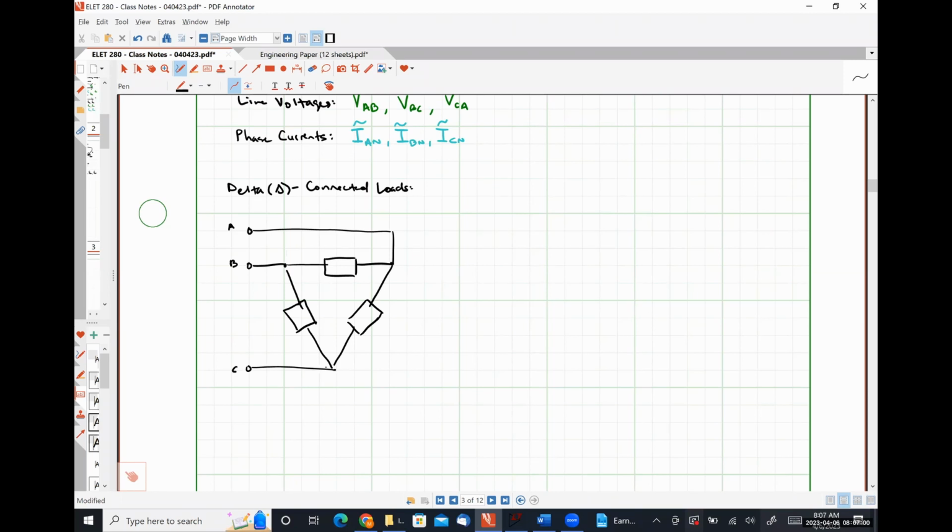So I'm going to label this particular impedance Z delta A. Between B and C will be Z delta B, and between C and A will be Z delta C.